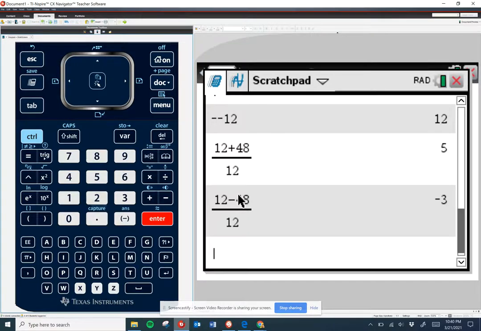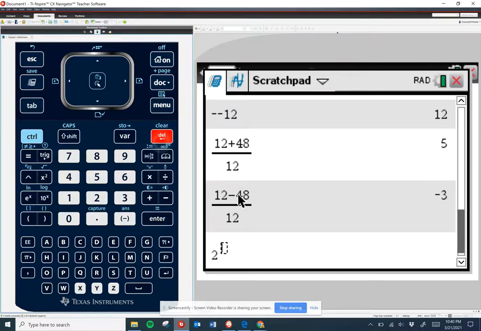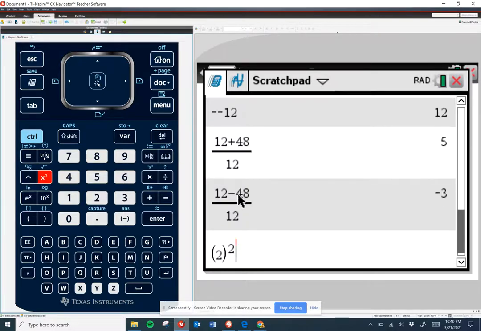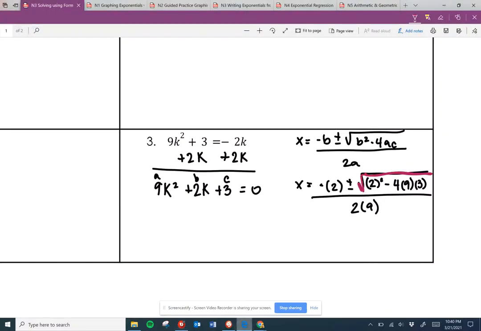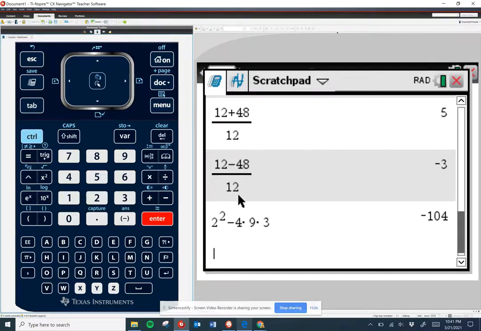So we come back, 2 squared, forgot my parentheses, 2 squared minus 4 times 9 times c. You don't even have to put multiplication signs. It automatically multiplies the parentheses right next to each other.